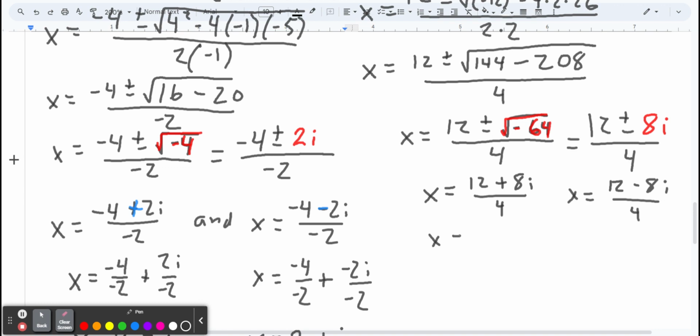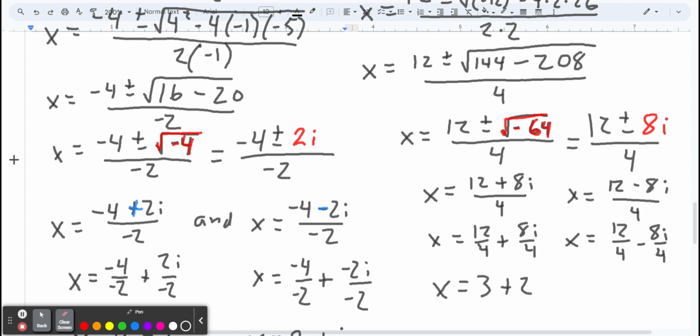We get x equals 12 divided by 4 plus 8i divided by 4, and x equals 12 divided by 4 minus 8i divided by 4. So our answers here will be x equals 3 plus 2i, and x equals, where we flip our imaginary number, 3 minus 2i.